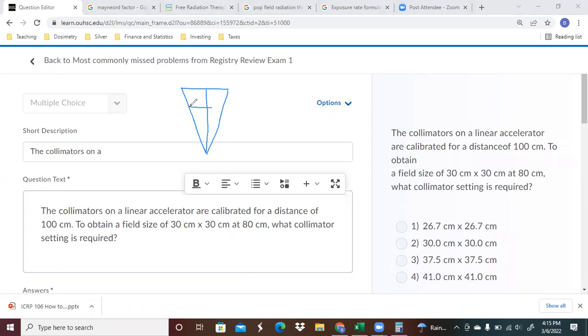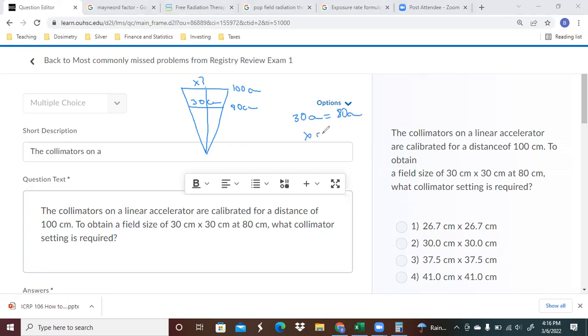Okay, I'm going to call this here 80 cm away, and this is going to be 100 cm here. I know what the length here is, this is going to be 30 cm here at 80. Question is, what is this length at 100? We're going to use a similar triangle argument where I know that I've got 30 cm at 80.